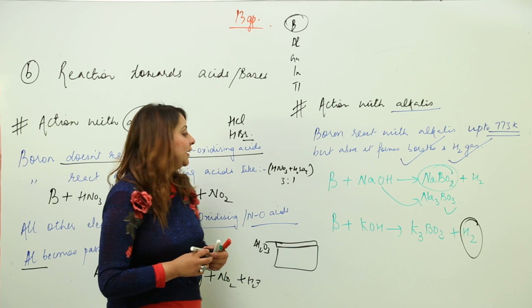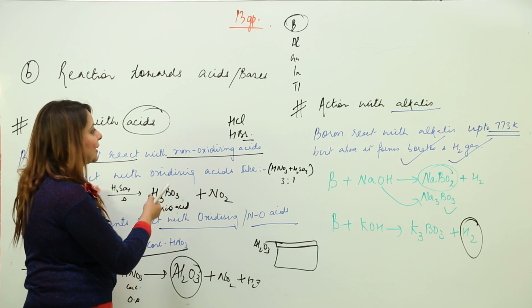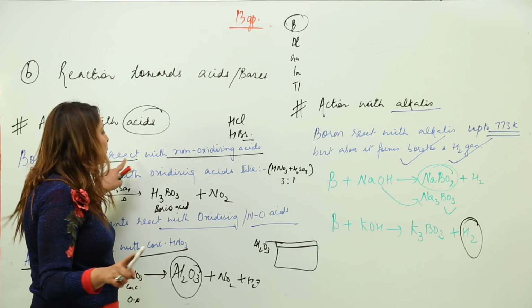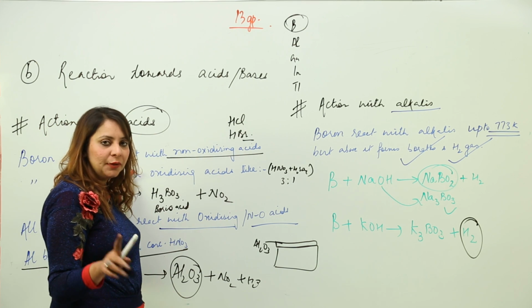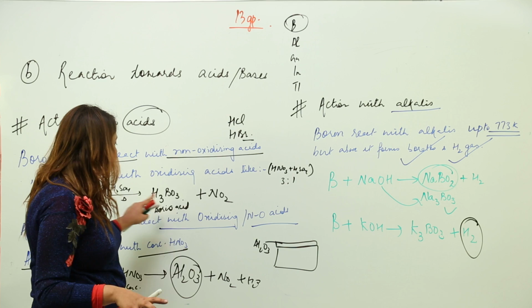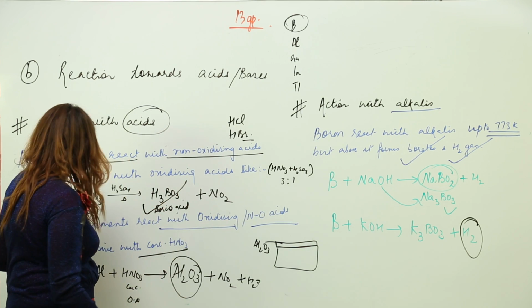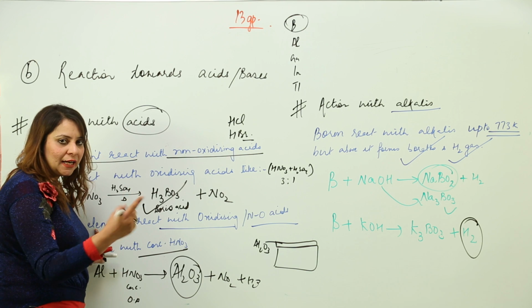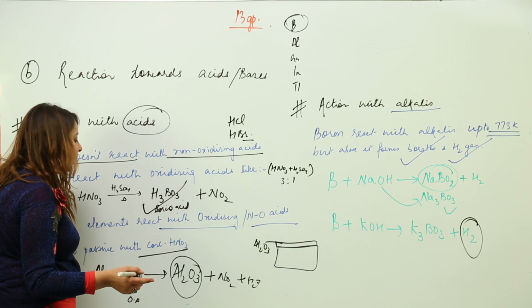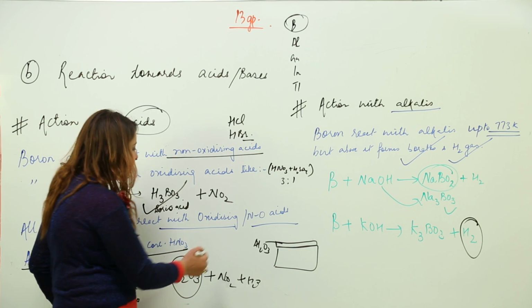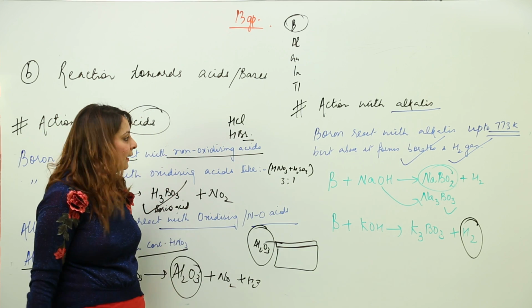So this is how they react with acids and alkalis. I think you got it: with acid you need to remember that boron does not react with non-oxidizing acids but reacts with oxidizing ones, giving rise to boric acid, and all other elements react with oxidizing or non-oxidizing acids. Aluminium reacts with concentrated HNO3, but after some time it becomes passive, due to the formation of this impermeable layer.